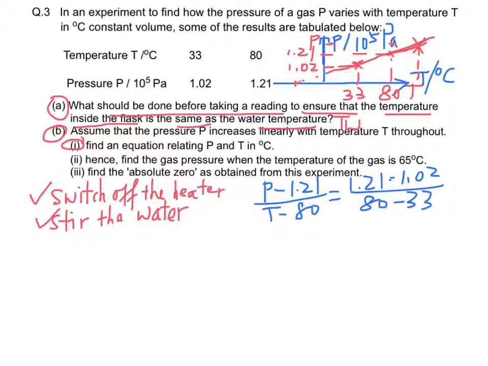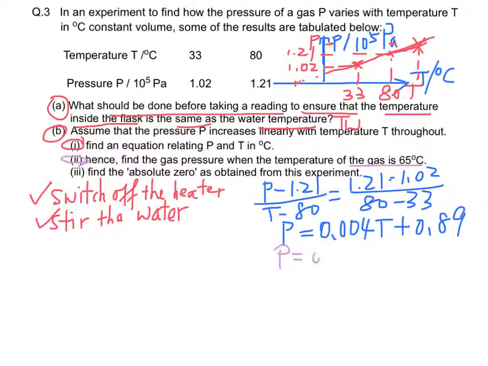The equation is P equal to 0.004 T plus 0.89.